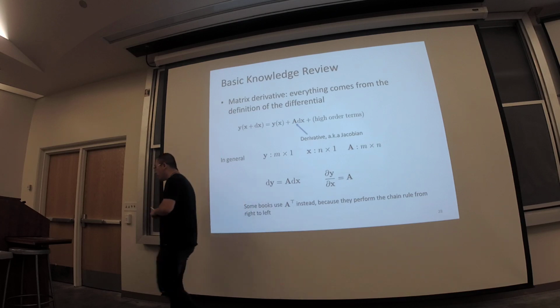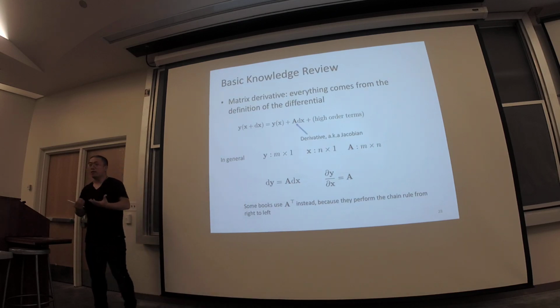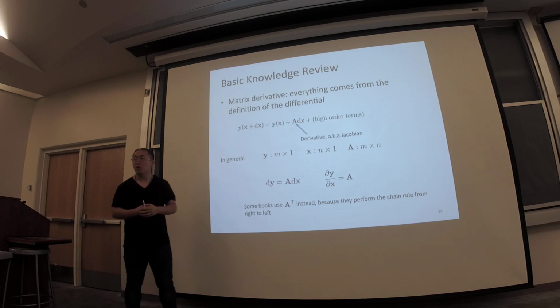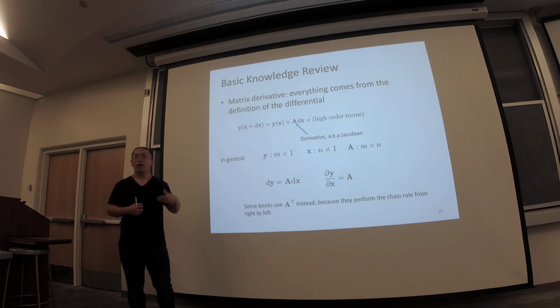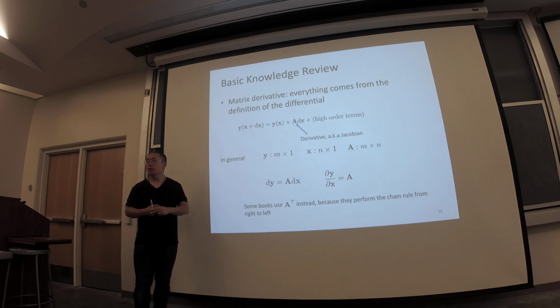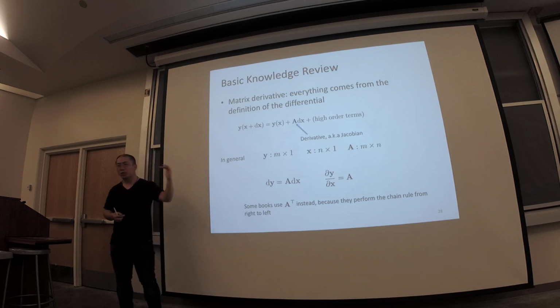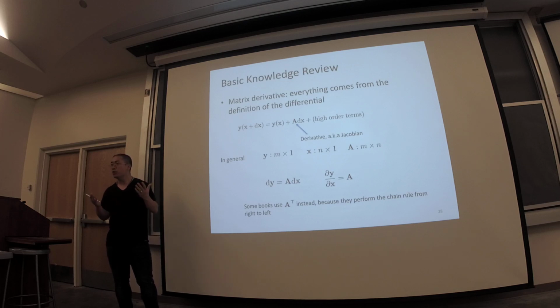I know if you never used that before, it sounds tricky or non-trivial, but actually it's quite simple. Whenever you have to calculate derivatives for matrices or vectors, just come back to the original definition. That is, what is the differential?